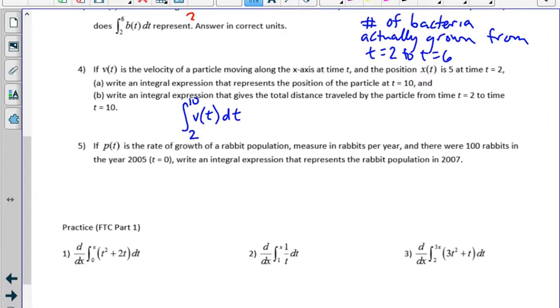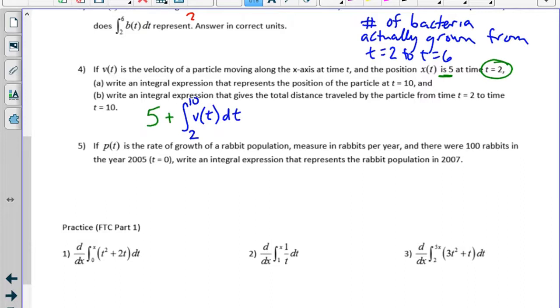Now, the reason why we're going to take the integral of that is we know that the integral from 2 to 10 is going to tell us the total change in velocity from time 2 to time 10. So this will give us the net change in velocity from time 2 to time 10. So then all we have to do after that is know where we started. And if we know that we started when time was 2 at 5, we can do 5 plus the integral from 2 to 10 of v of t dt.